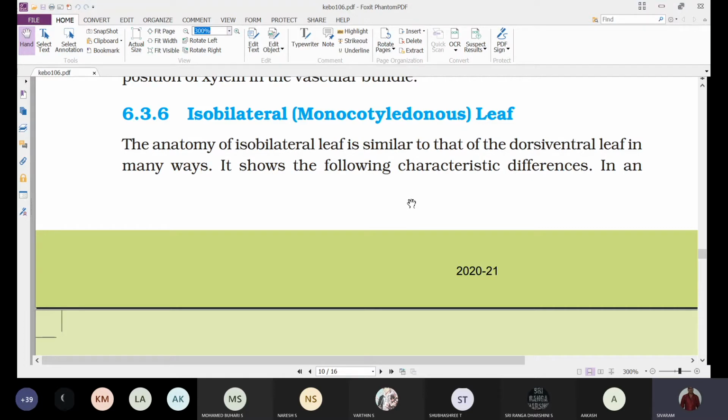That's why we are saying it as isobilateral, which is usually observed in monocotyledonous plants. The leaves of monocotyledonous plants are usually isobilateral. That means both the surfaces are similar.